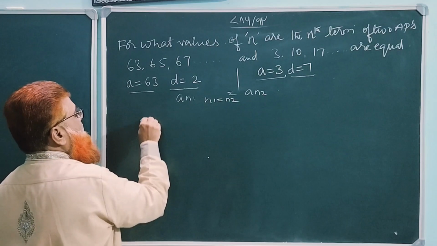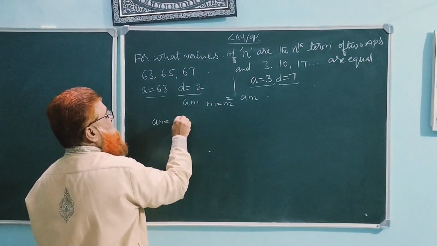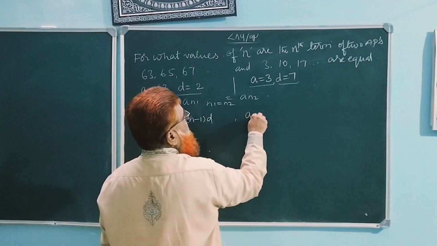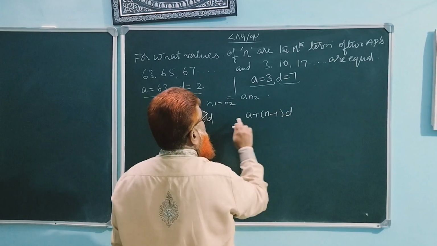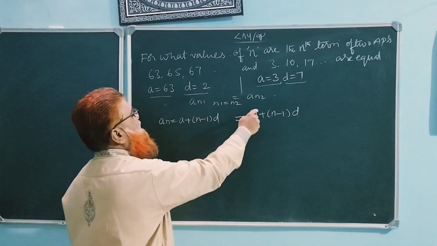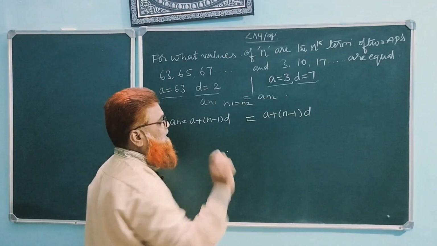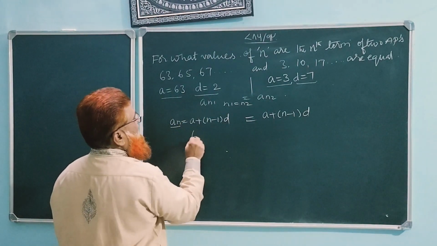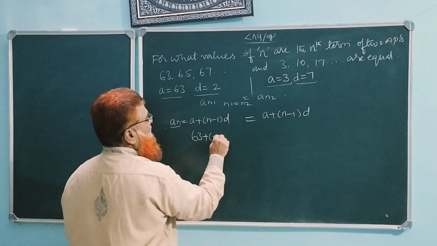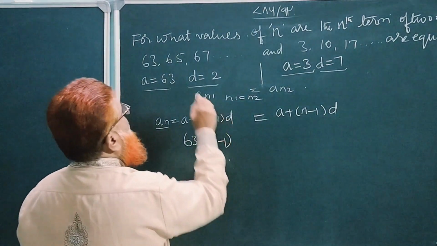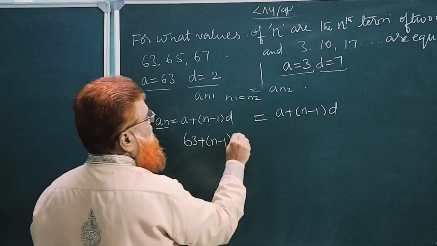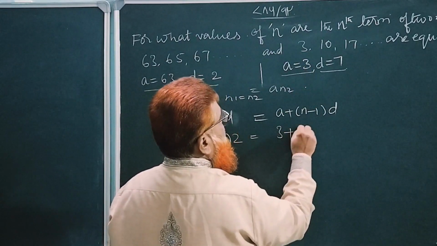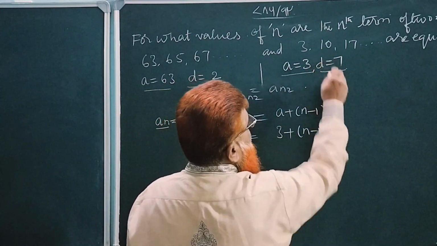Therefore, AN is equal to A plus N minus 1 into D, and for this one also, A plus N minus 1 into D. These both are equal. Then this first AN is 63 plus N minus 1 into, what is the difference? 65 minus 63 is 2, which is equal to 3 plus N minus 1 into, what is the common difference?